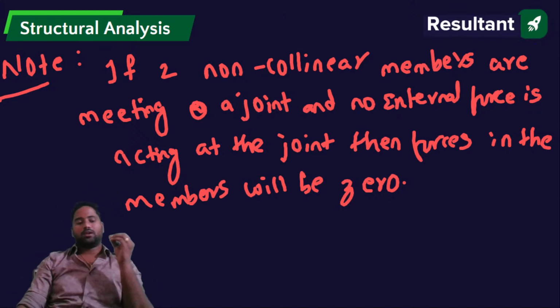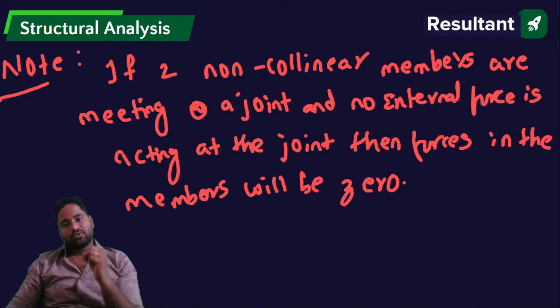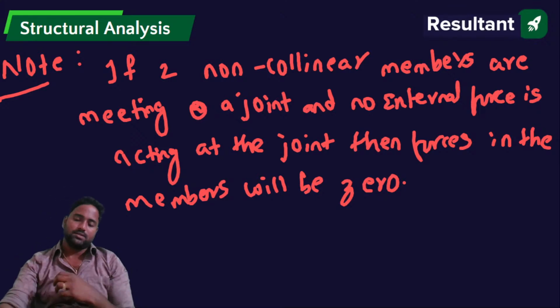If two non-collinear members are meeting at a joint and no external forces are acting at that joint, then forces in the members will be 0.